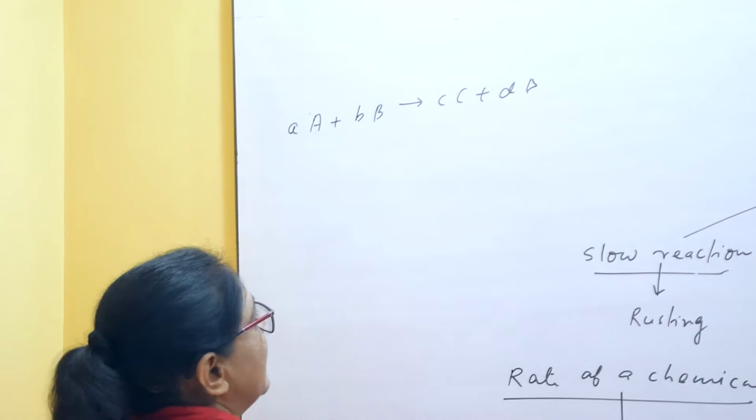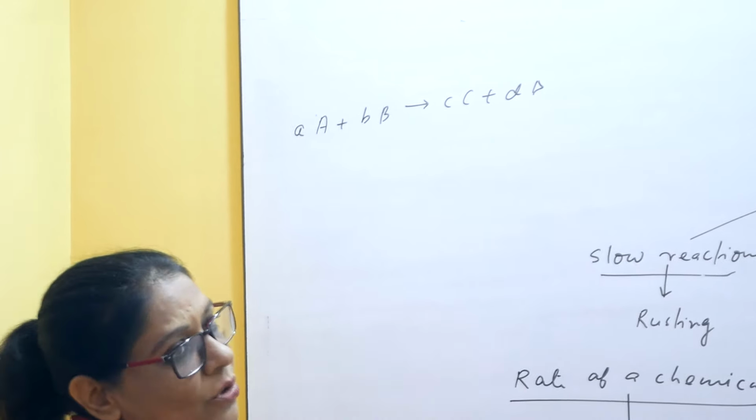Mind it, in the chemical equation video, I explained that the factors before the reactants are called coefficients. This part is known as reactant, I think you people know it very well. And this part is known as product.